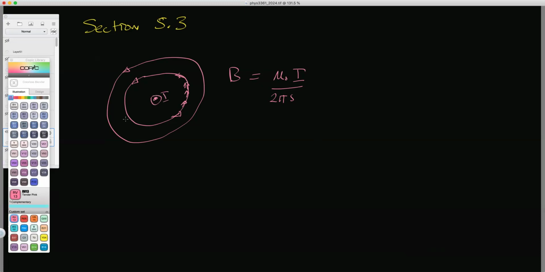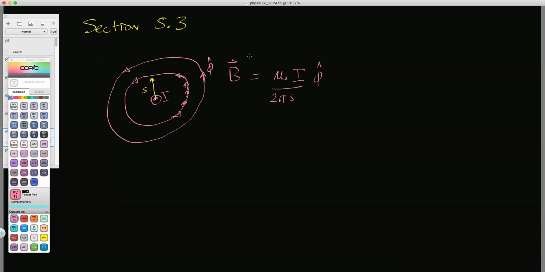And s is just this distance away. And it's in the direction of phi hat, right? If phi hat is in this direction, what would you expect it to be? So this is in the direction of phi hat.